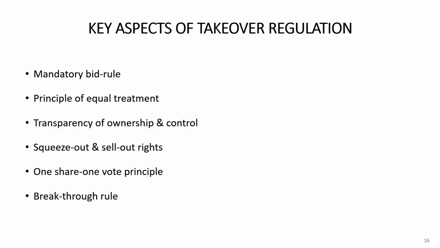So the breakthrough rule means, according to this rule, the bidder, the one who's going to acquire, the acquirer, with a specified proportion of the company's equity, can break through the company's multiple voting rights and exercise control as if one share, one vote existed. They can break through the multiple voting rights and exercise control as if one share, one vote existed. That is known as the breakthrough rule, right?